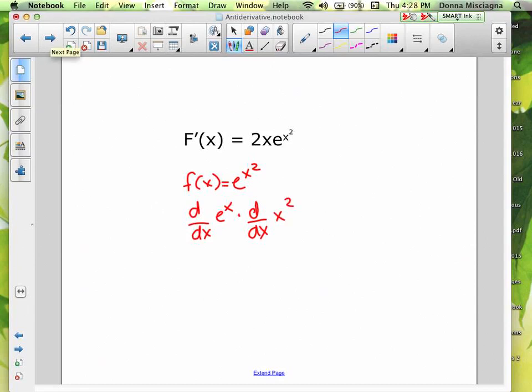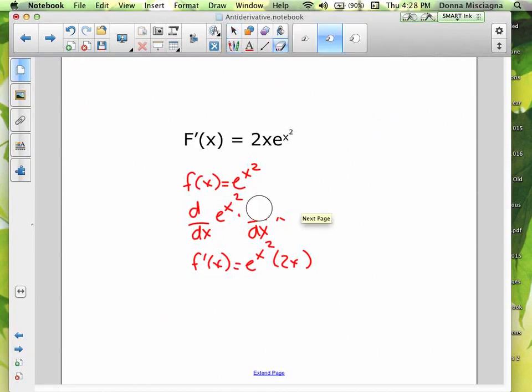The derivative of e to the x would be e to the x, and the derivative of x squared would be 2x. Oops, sorry. It would be e to the x squared, the x squared still would be there as well. So we have to take the derivative of just the e to the x part, or e to the blop. That may be a better way to explain it.